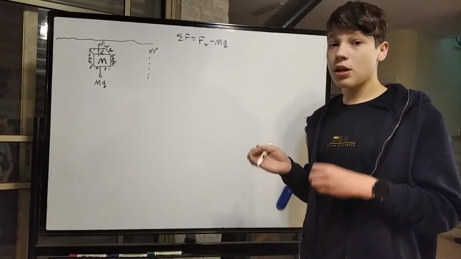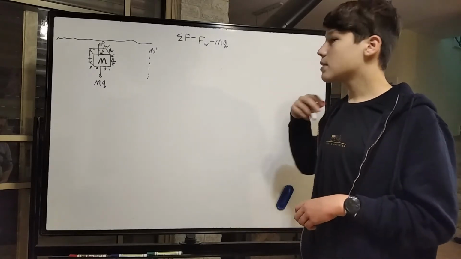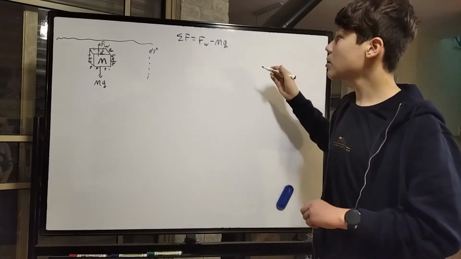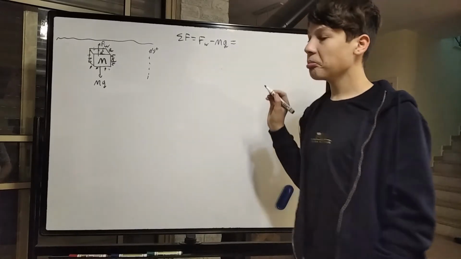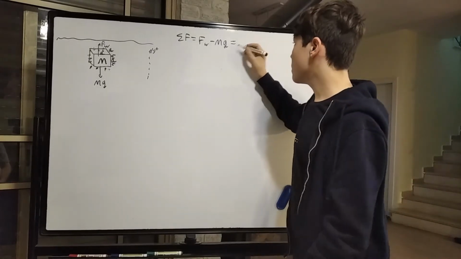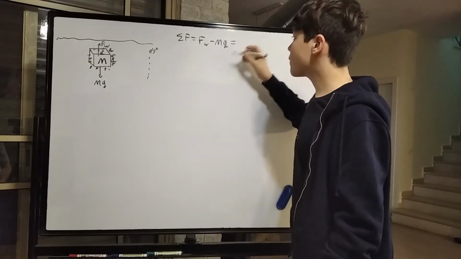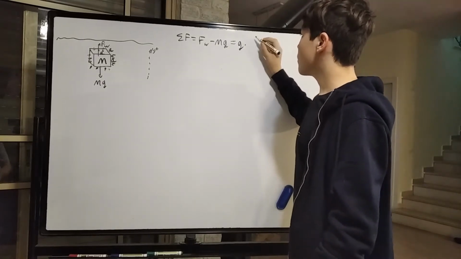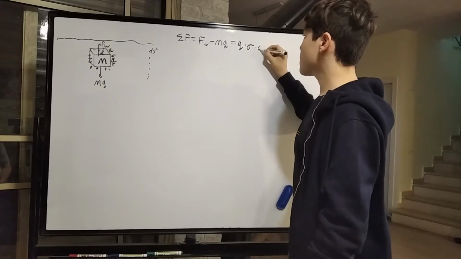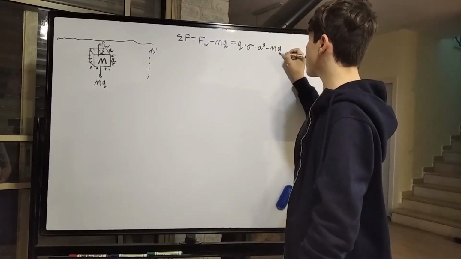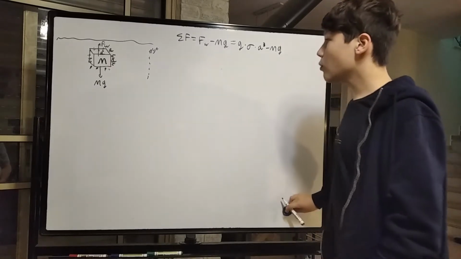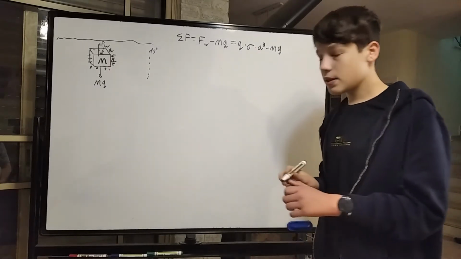It's only dependent on the shape itself. So we just need to plug Fw in. We found it's g times sigma times A cubed minus mg.